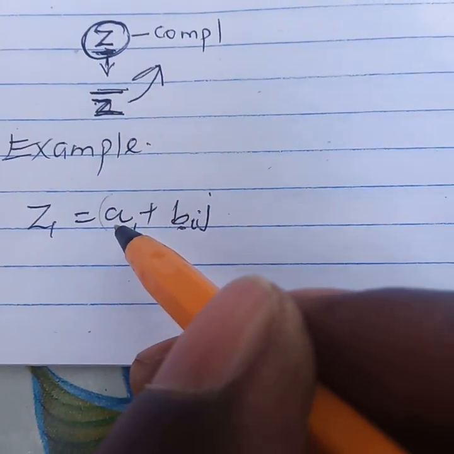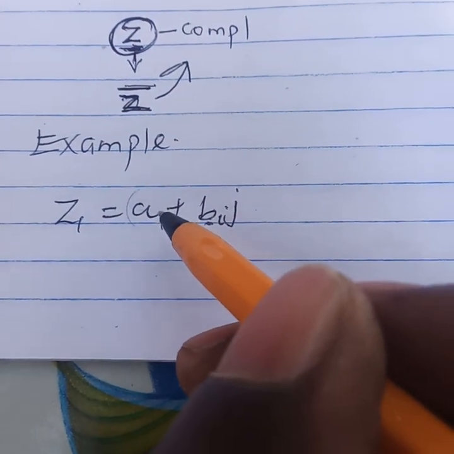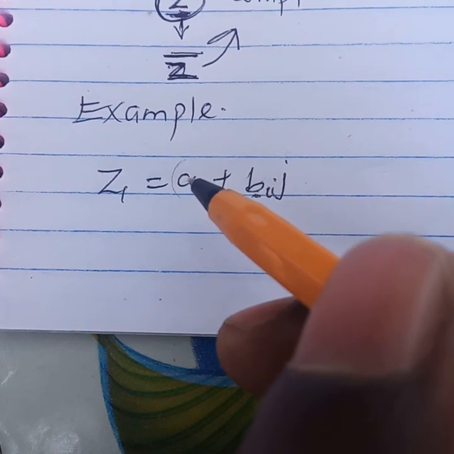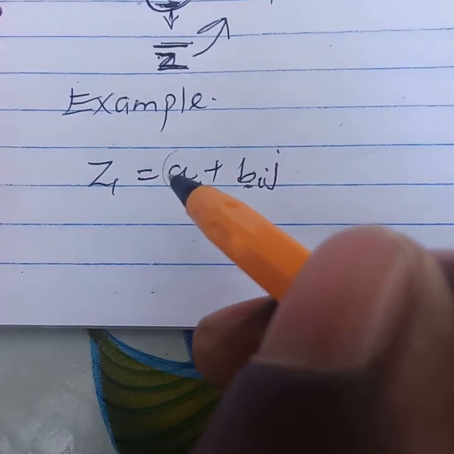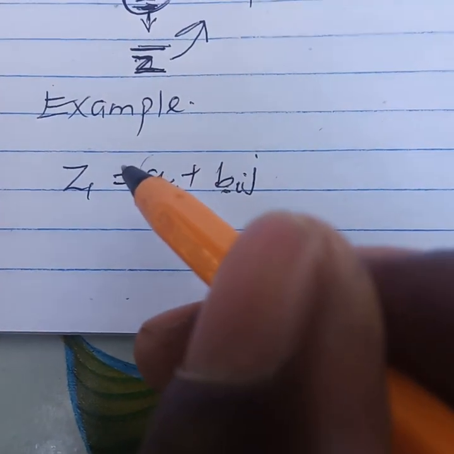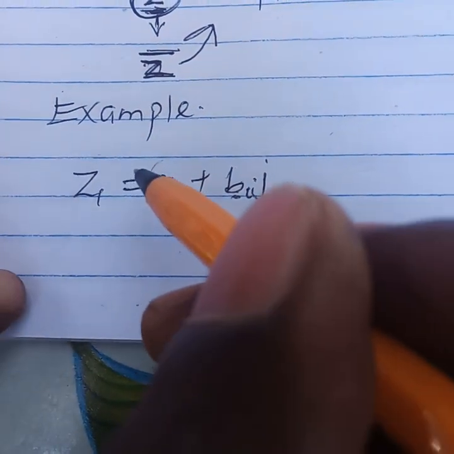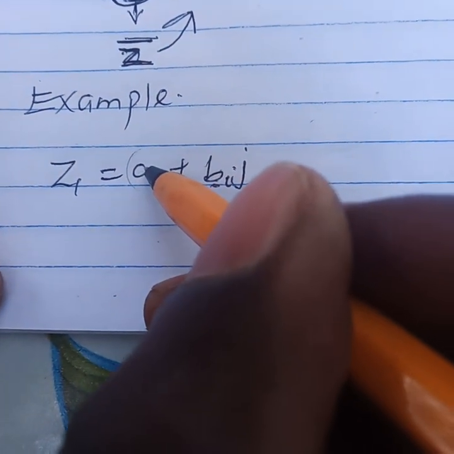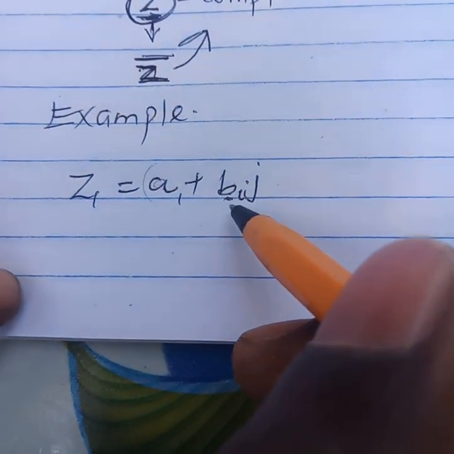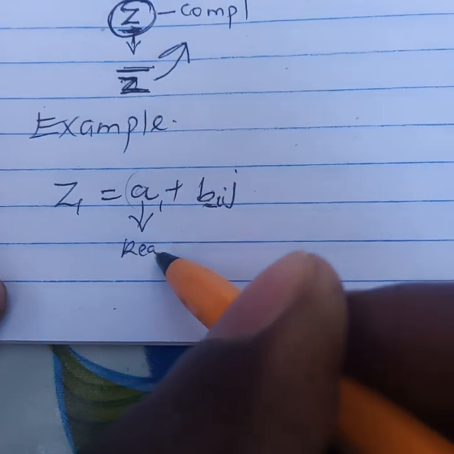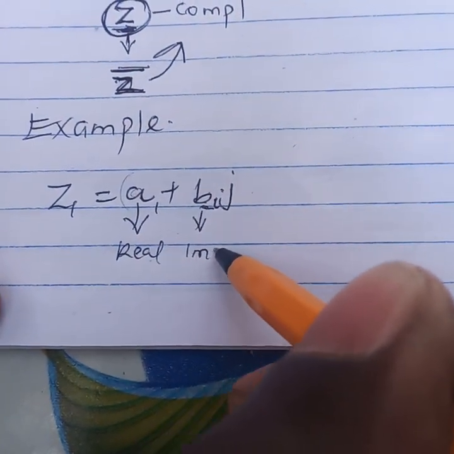So the question is, state the real and the imaginary part of Z. The real part is A and the imaginary part is B. As we said earlier, this is the real part and this is the imaginary part.